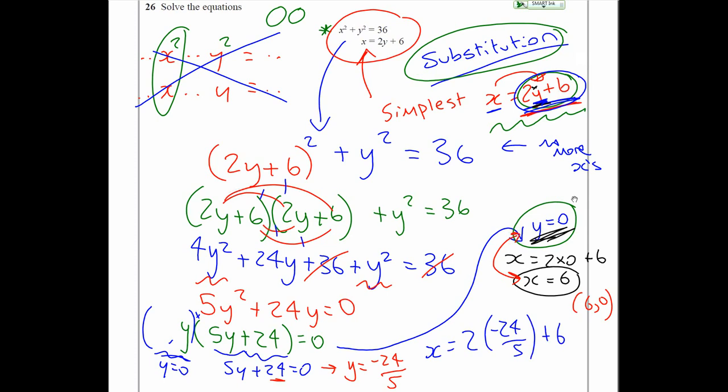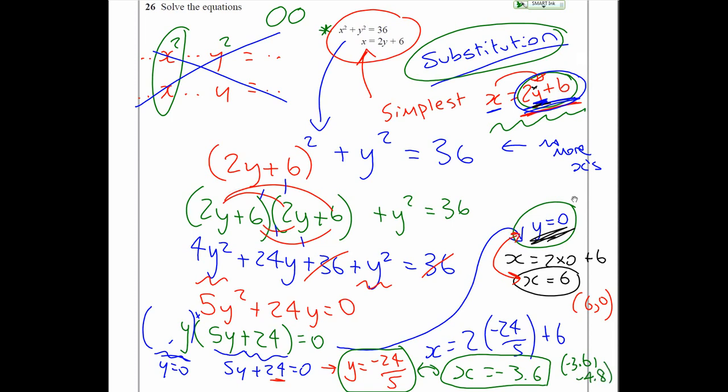So 2 times minus 24 over 5, and then add on 6, and you get minus 18 over 5, aka minus 3.6. It's not such a bad number. And if we want to write this as a coordinate for these pairs, then you can put x first and then y. Minus 24 over 5. By the way, if you want to do it as a decimal, it's up to you. Minus 4.8.